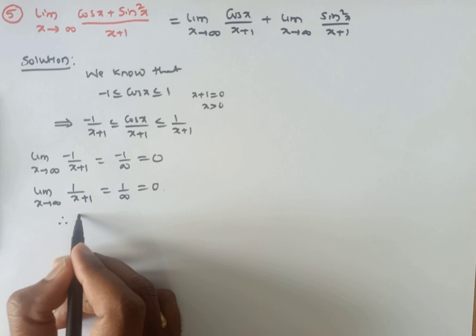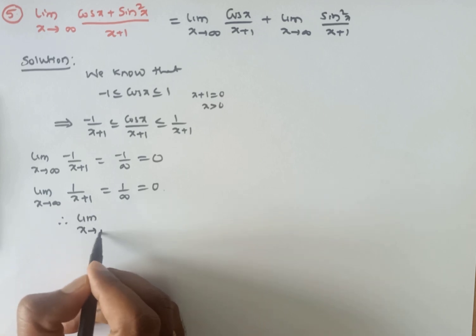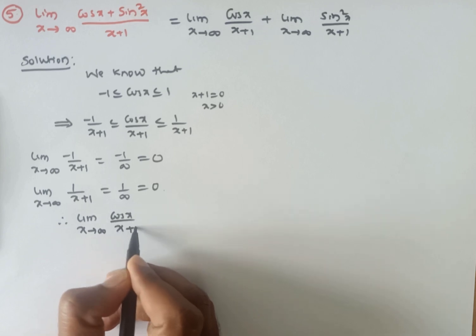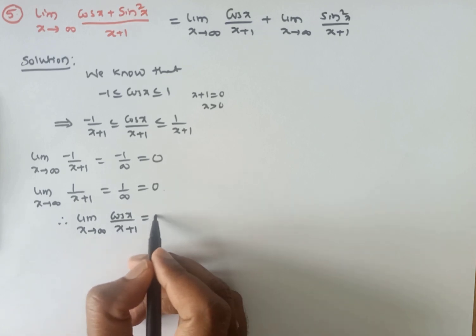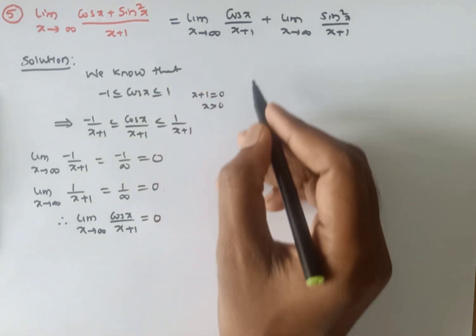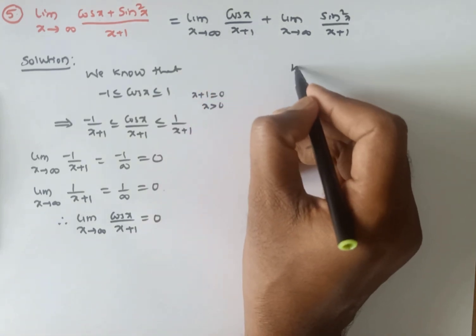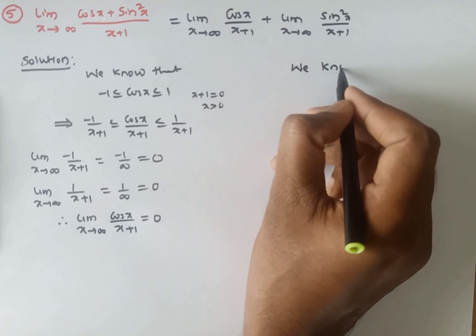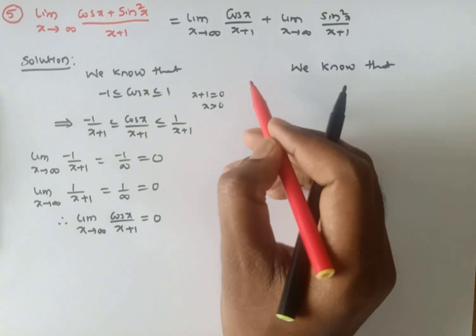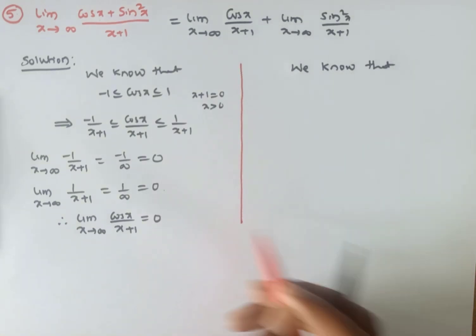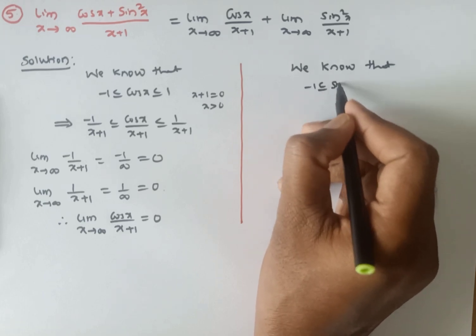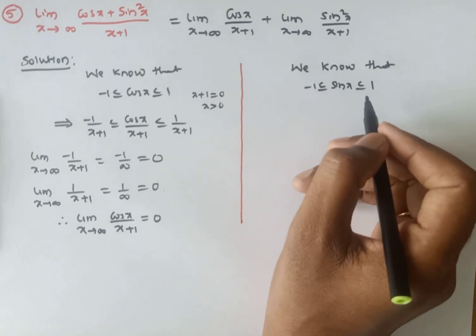So therefore, by the sandwich theorem, the limit as x tends to infinity of cos x by x plus 1 is 0. By the sandwich theorem this limit is 0, so this part is done. Next, for the sin x limit: minus 1 is less than or equal to sin x, which is less than or equal to 1, right?